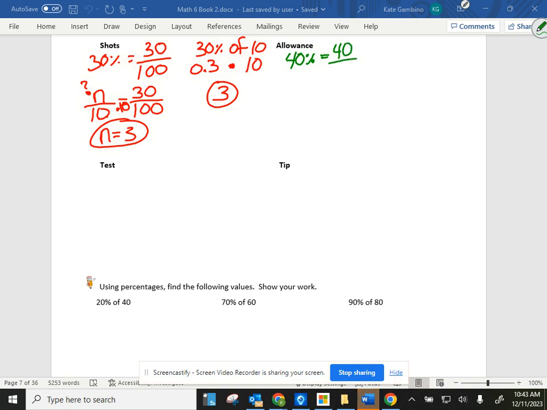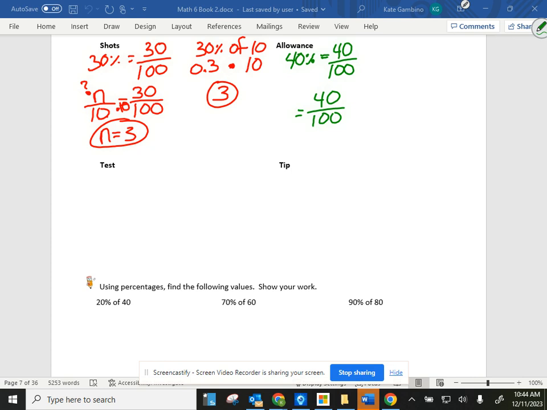Nope, 40 over 100. Remember, 100 is our magic number. So if we know the fraction, 40 over 100, what proportion could we set up with it? What do we know and what do we need to know? Zelda? We could do everything with the box, or we could do it with a ratio.